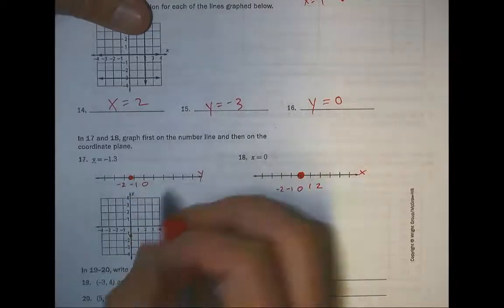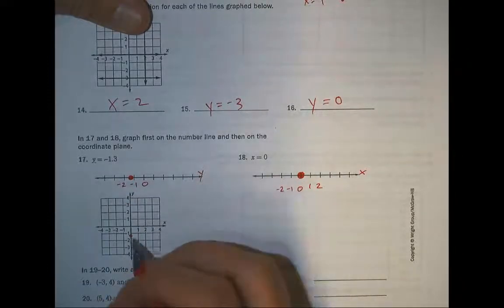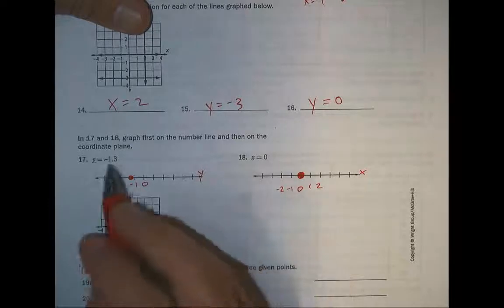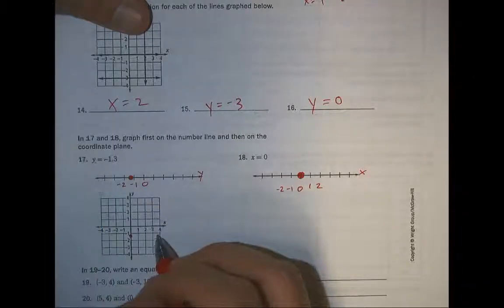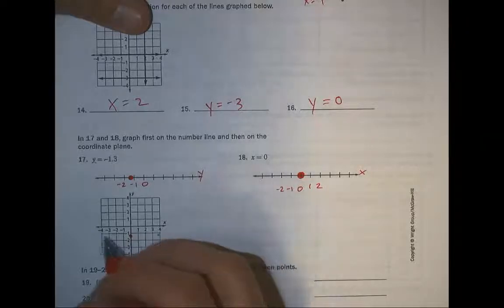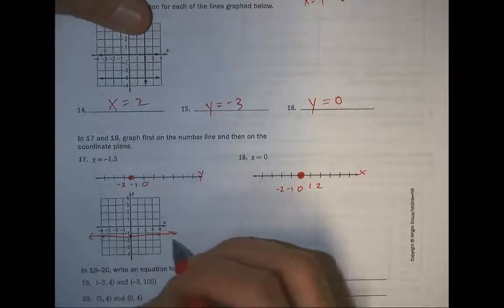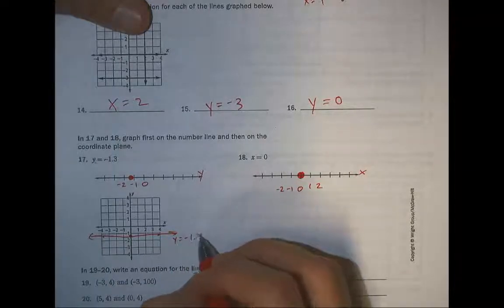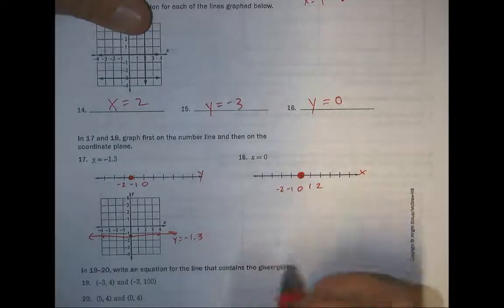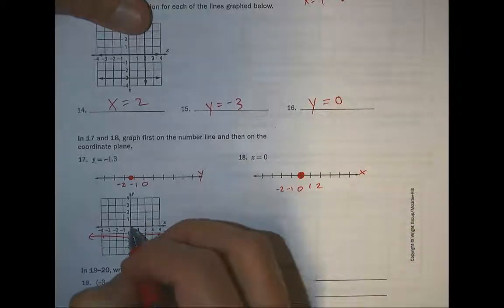Think about this like your y-axis. But it's everywhere on this coordinate plane that y equals -1.3. Well, right over here, the x value has changed, but y is still equal to -1.3. Same thing over here. So this line looks like this, and that's not a very straight line, but y equals -1.3.